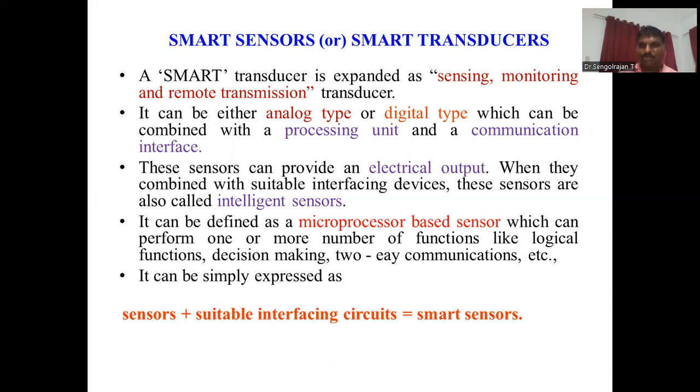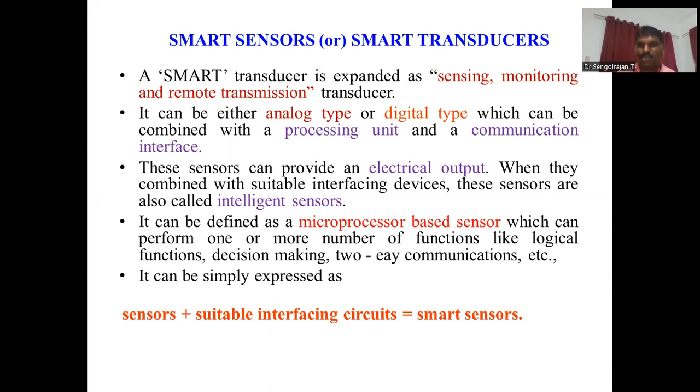Then we are going to see how this transducer will act as a smart transducer. If you say the word smart transducer, you take the word and start expanding it: S stands for sensing, M stands for monitoring, A stands for and R stands for remote, T stands for transmission.